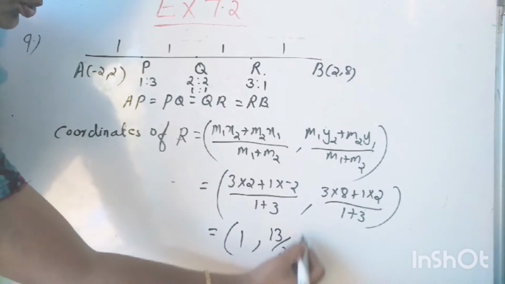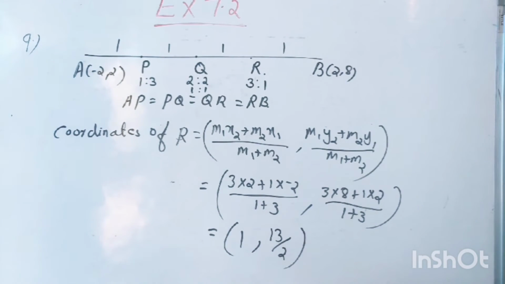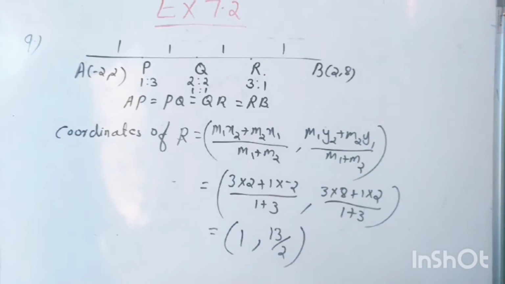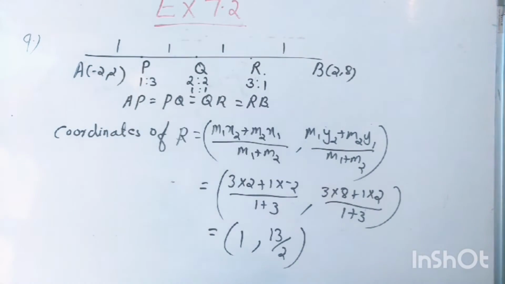Therefore, the coordinates of R is the ordered pair (1, 13 by 2). That is, the coordinates of P is the ordered pair (-1, 7 by 2), coordinates of Q is the ordered pair (0, 5), and coordinates of R is the ordered pair (1, 13 by 2).